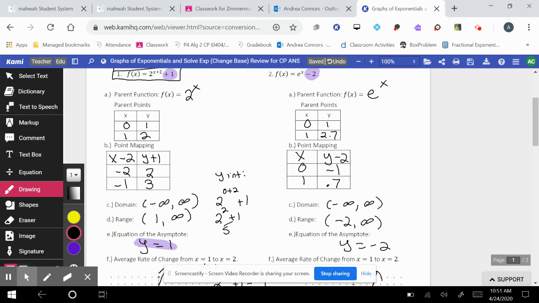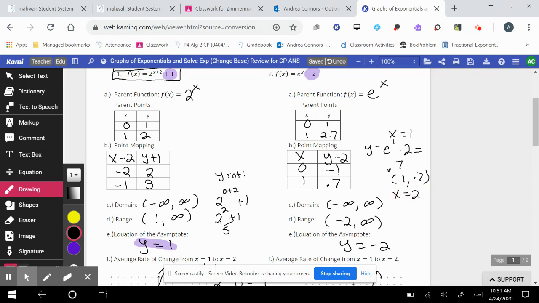And again, your average rate of change, you're just plugging in. So here I have x equals 1. So y equals e to the first minus 2. And I might just use my calculator in this case to make my life easier, which would be 0.7. So your first point is (1, 0.7). And then I'm going to plug in 2 for x, do the same exact thing.